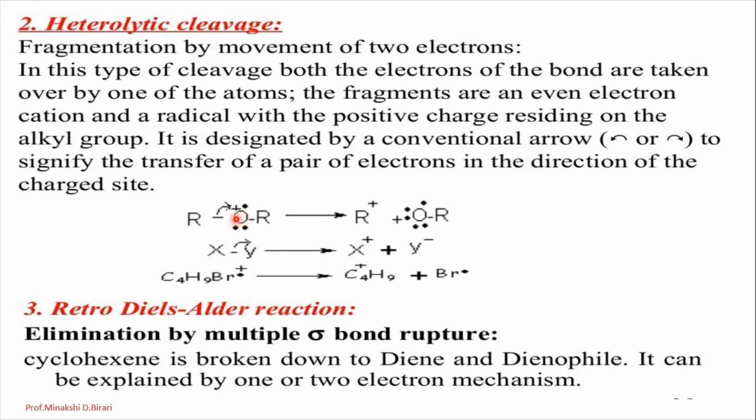The fragments are an even electron cation and a radical, with the positive charge present on the alkyl group. Using the conventional arrows, we can represent the cleavage of this ether. The cleavage occurs at this position, and due to the cleavage we get the formation of these fragments. So it is the heterolytic cleavage.